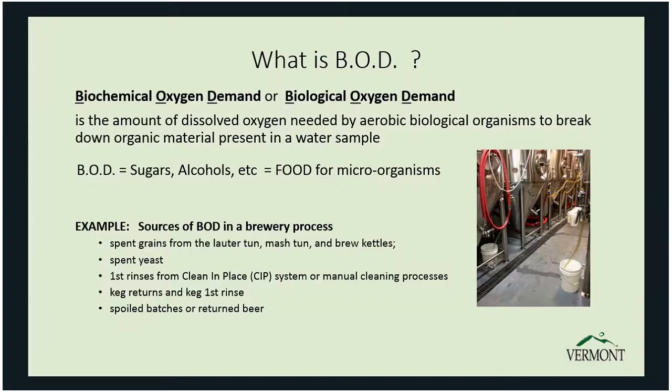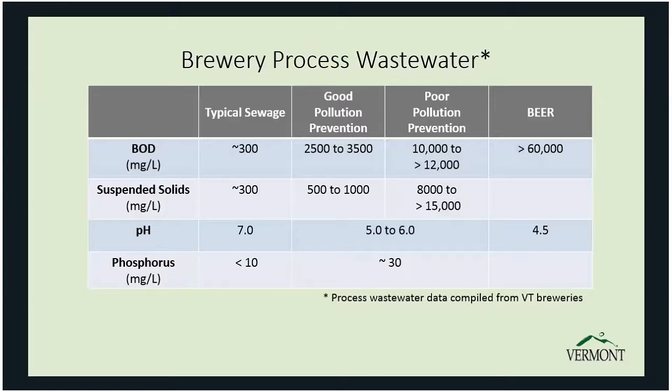You'll see that this table has some values in it for what you might find in typical sewage water versus what you might find in a brewery that is discharging wastewater from their process using good pollution prevention or poor pollution prevention.